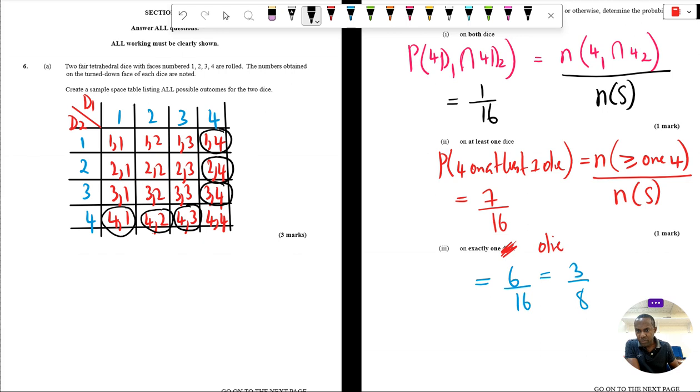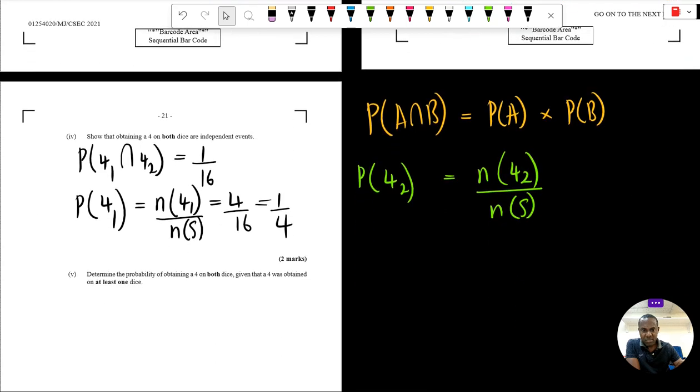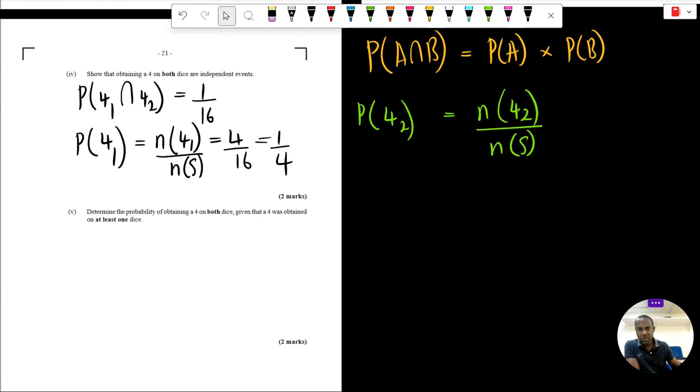And we're talking about going vertically downwards, so we're going to be 1, 2, 3, 4. So we have 4 events where we obtain a 4 on die 2, and of course 16 total possible outcomes. And so therefore this gives us 4 divided by 16, which also gives a quarter.